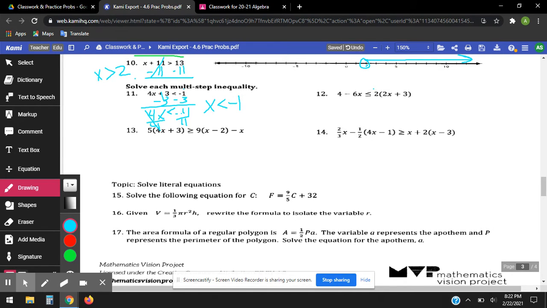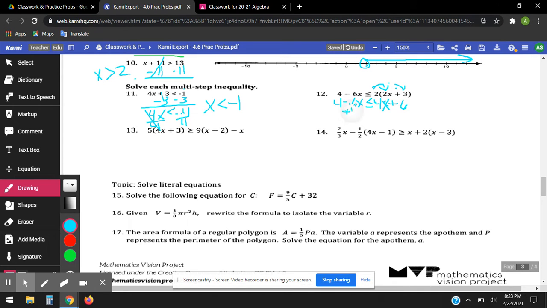We're here on 12. Let's go ahead and distribute so we can make this a little bit easier. 4 minus 6x is less than or equal to 4x plus 6. Okay, so I have a -6x here.